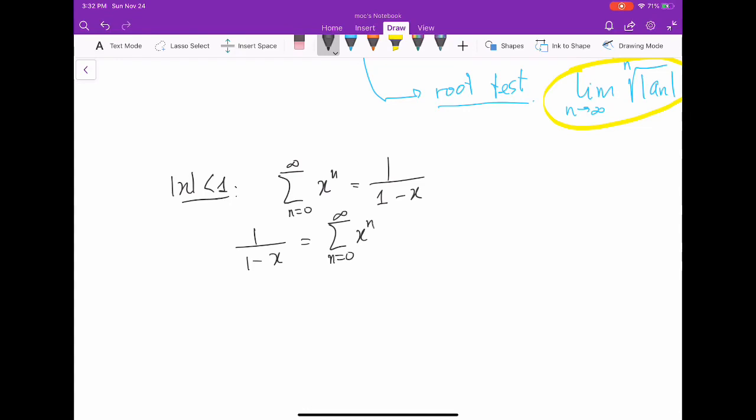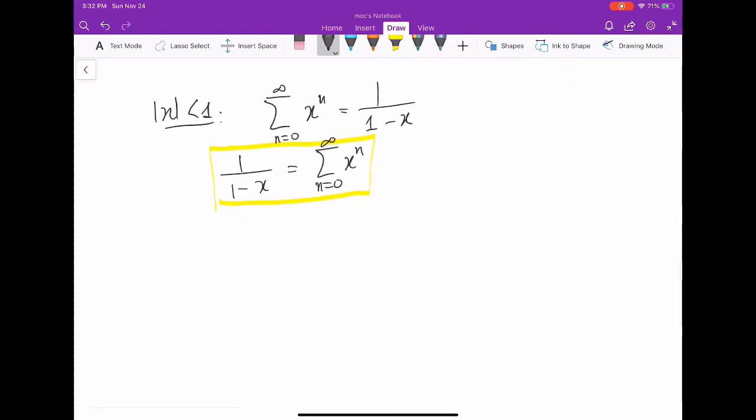So you would think that this formula is actually a representation of the function 1 over 1 minus x as a power series. You see that? For functional series, that is very important. We need to express some differentiable functions as a power series, because with a power series we can integrate, we can differentiate, and it is easier to approximate the function. So that is the main idea of the power series.